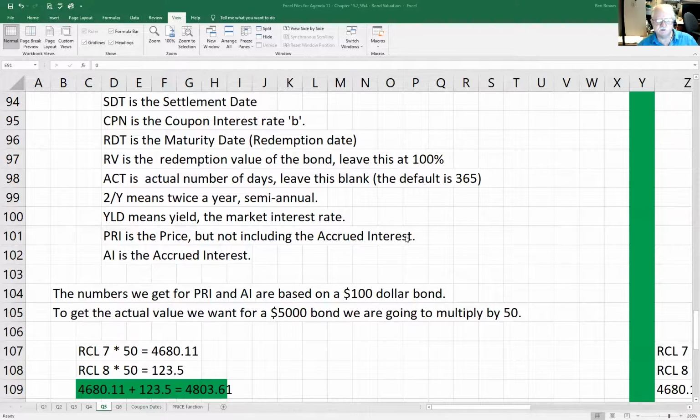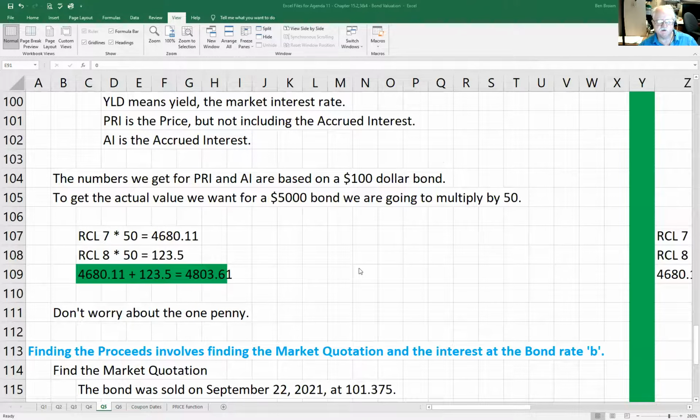So you can see my Excel spreadsheet. Yes, sir. So I did recall 7 times 50 because this is a $5,000 bond, and I got 4680.11. And then recall 8 times 50, I got this.